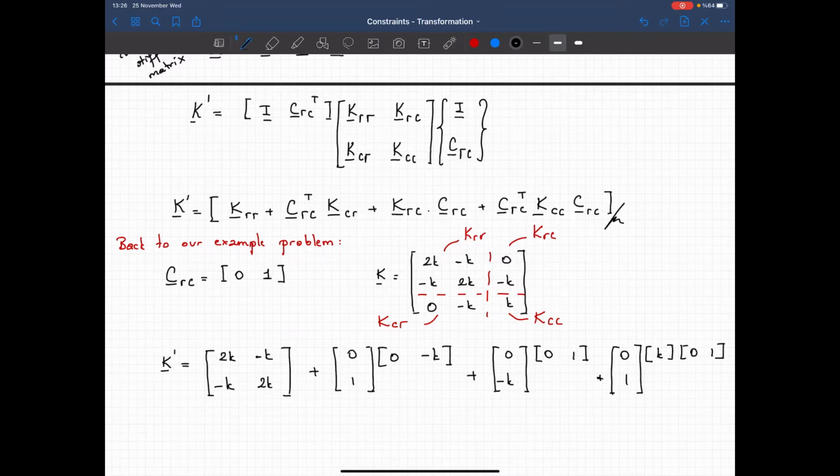So when you do all these matrix operations, we obtain K prime as equal to 2K minus K, minus K and K. That's the constraint stiffness matrix.